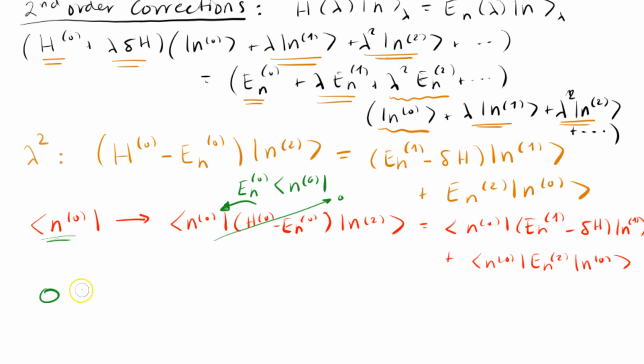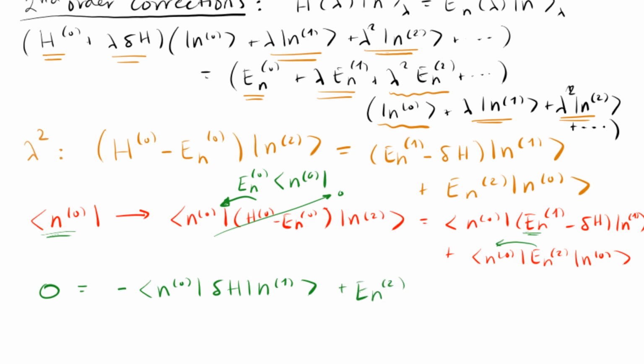So 0 equals. Okay, now we look here. This is just a constant, and then we have N0 and N1. That's 0 because of orthogonality. And then we have this matrix element, negative N0 delta H N1. Then En1 gets pushed outside, and this is just N0 N0, which is 1 from normalization, plus En2.